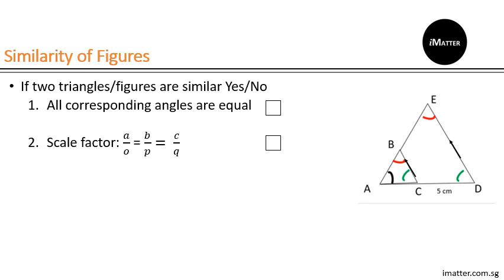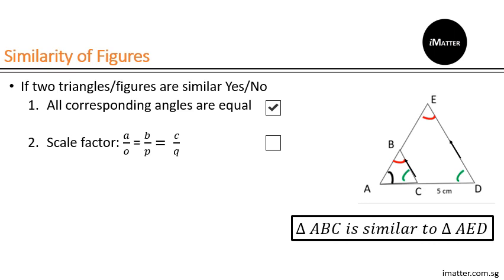Another pair of corresponding angles will be angle ACB and angle ADE. Therefore, once we are able to get all this information, we can proceed to write the standard notation where triangle ABC is similar to triangle AED.